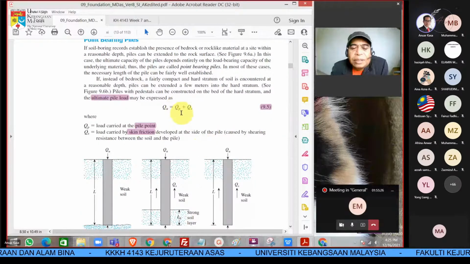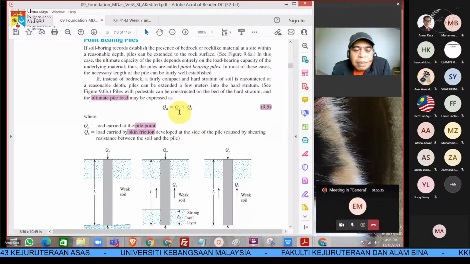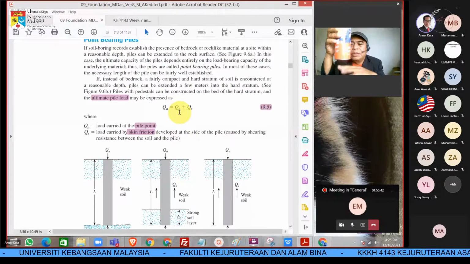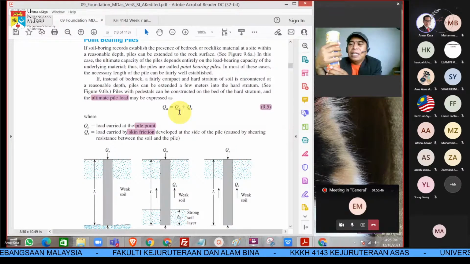This is the equation. The ultimate load that the pile can sustain is the load at the point, at the base. Like this one, the base here is the point, and this one is the skin.